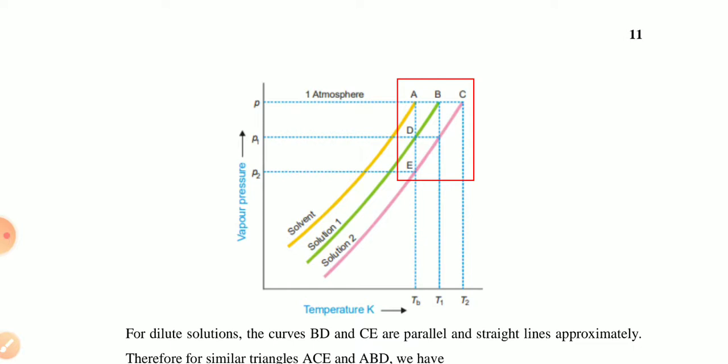When the vapor pressure equals 1 atmosphere, the solution starts boiling. On adding the non-volatile solute, the vapor pressure decreases because lowering of vapor pressure occurs. So you can see that with the lowering of vapor pressure, the boiling temperature increases.